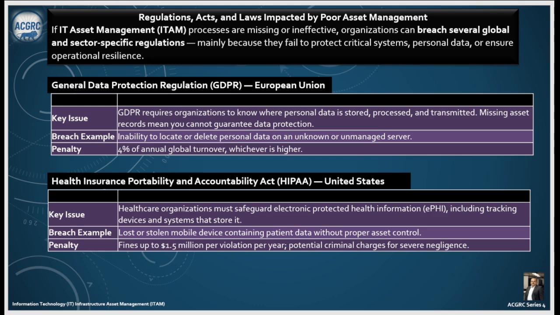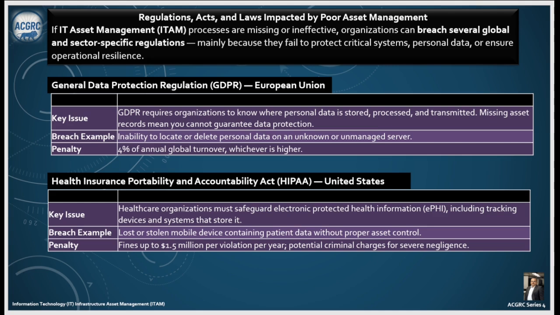The next is HIPAA. In this case, the fine is up to 1.5 million per violation per year, and potential criminal charges for severe negligence. Now do understand it. It says it is 1.5 million per violation.